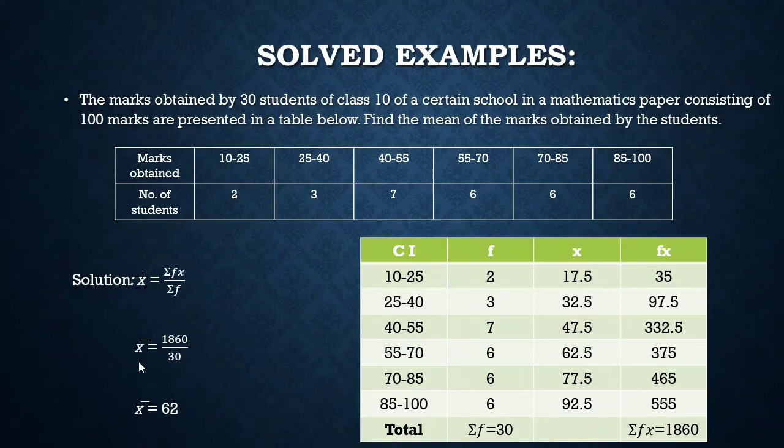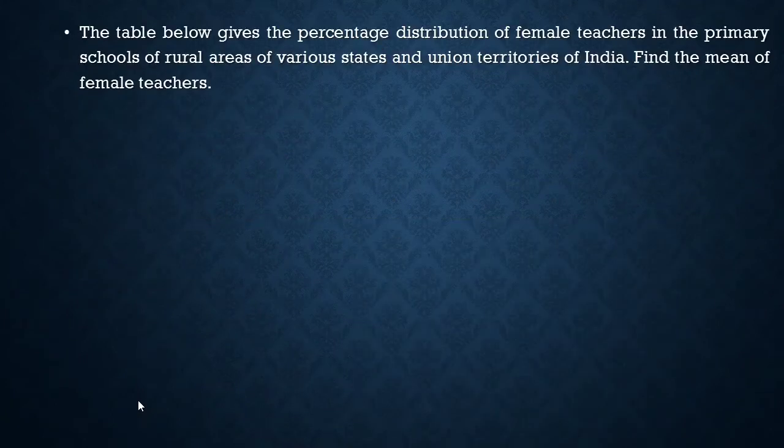So x bar, the mean, is equal to summation fx, 1860, divided by summation f, that is 30. On division, the zeros cancel each other, 3 ones are 3, 3 sixes are 18, 3 twos are 6. So 62, our mean marks of the students obtained in mathematics is 62. This is the solution. Moving on to the second example.